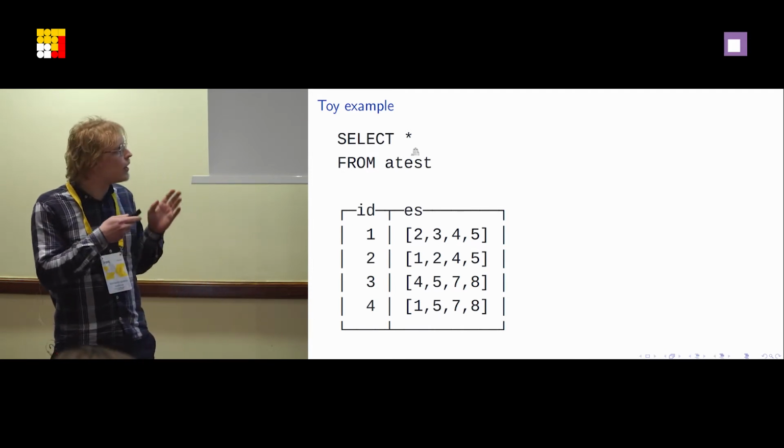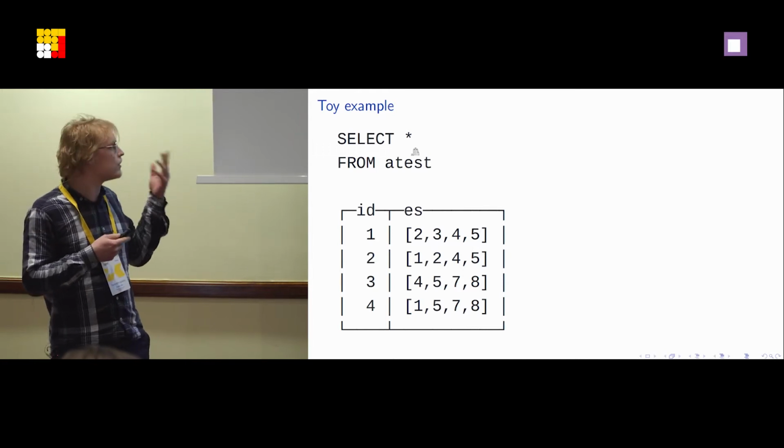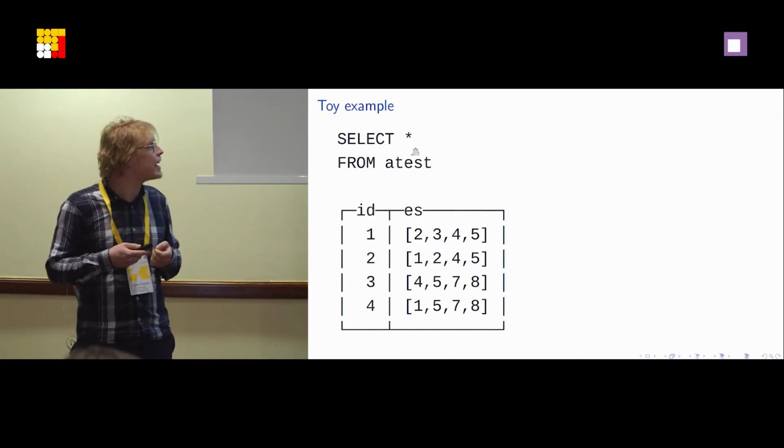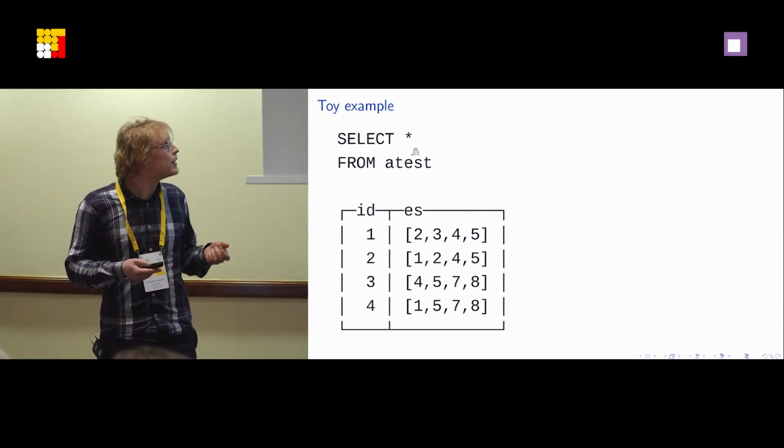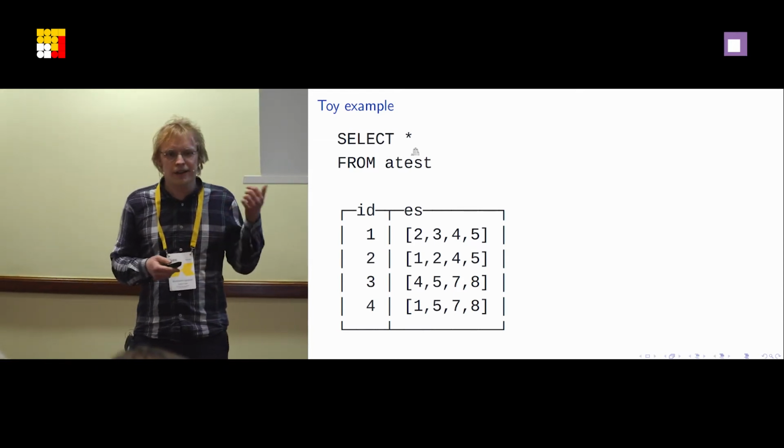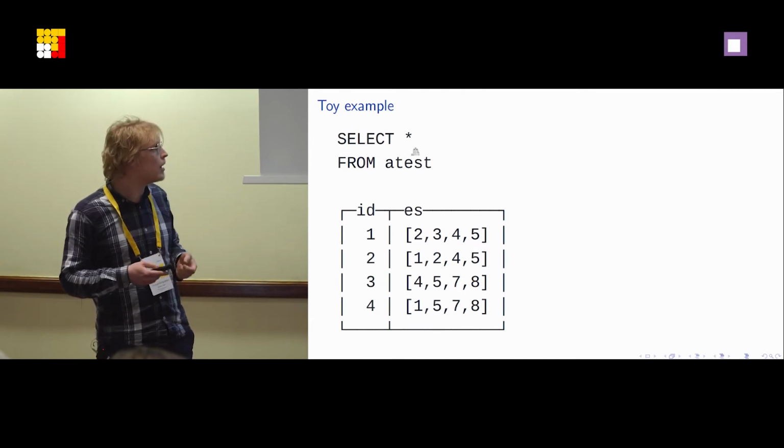So here in this simple example we have 4 elements everywhere. It's not always true. We can have very long transactions, and here we deal with sets.